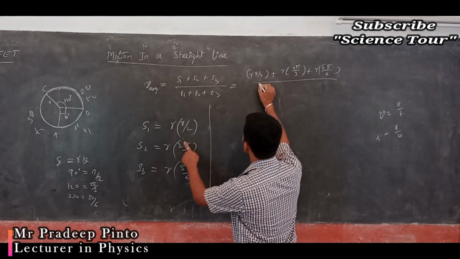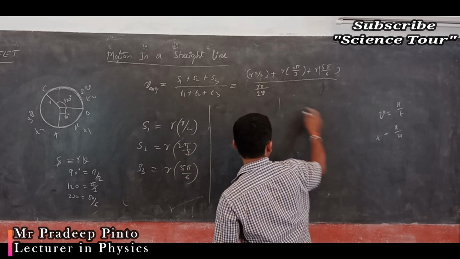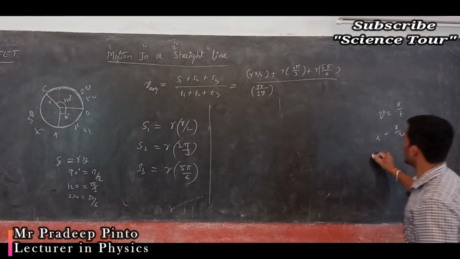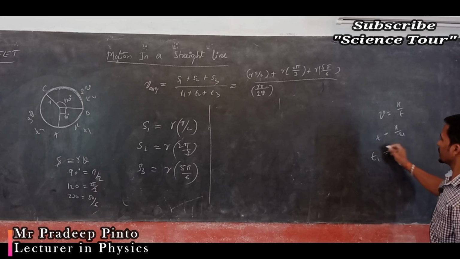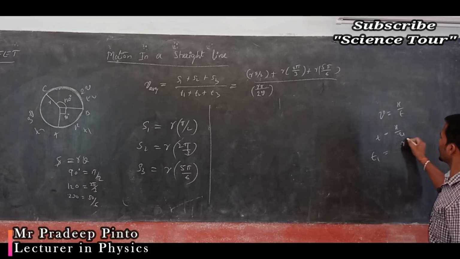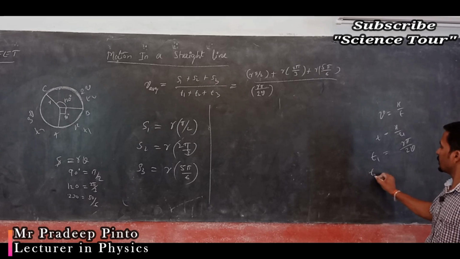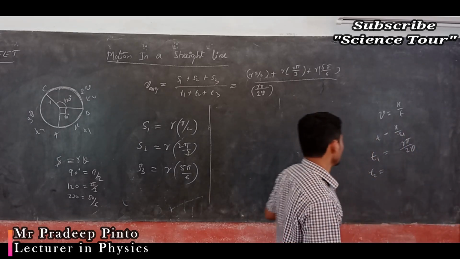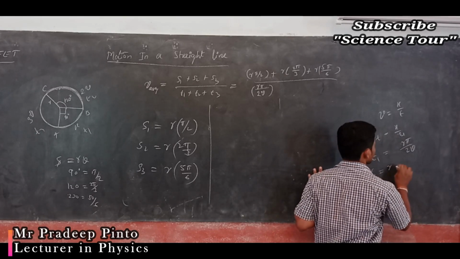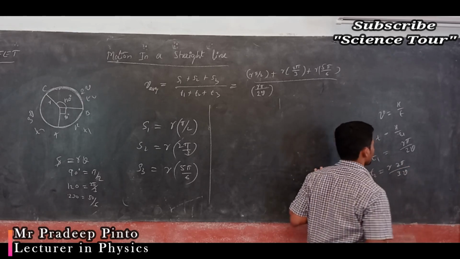So T1 is r into pi by 2, divided by V. T2 is r into 2 pi by 3 divided by 2V. T3 is 5 pi r divided by 3V.